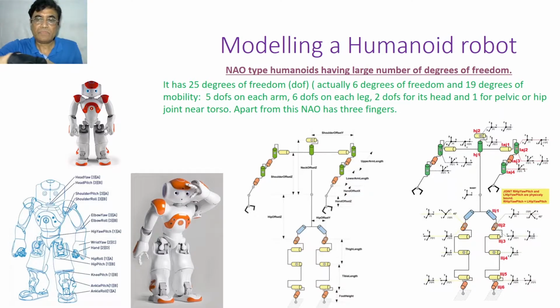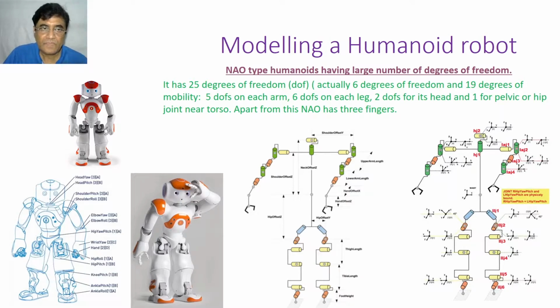Then consider another axis of rotation, and if I rotate my wrist like this, it is roll. And consider another axis, the z axis, about which if my wrist is rotating in this way, then it is called pitch. So pitch, roll and yaw are the three conventional names of revolute joints.